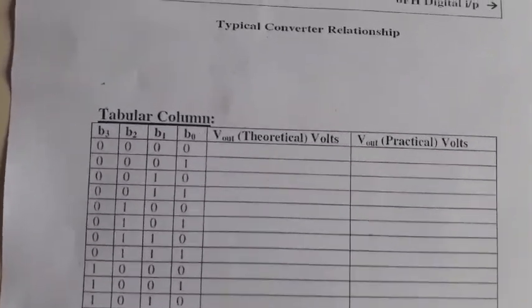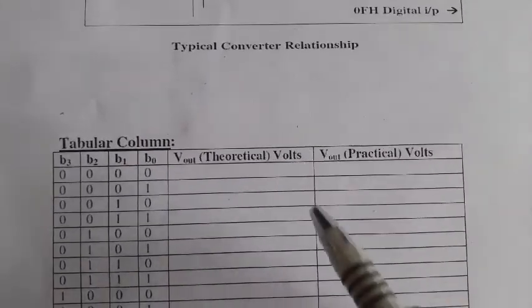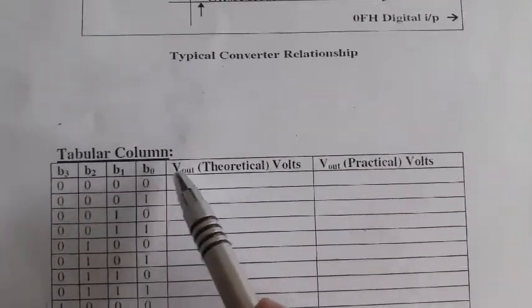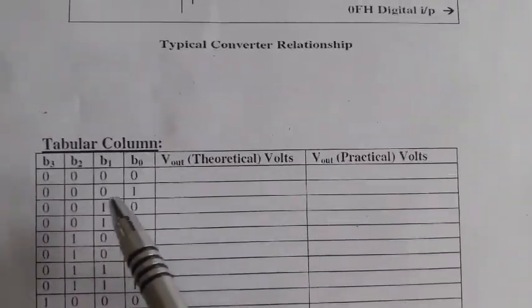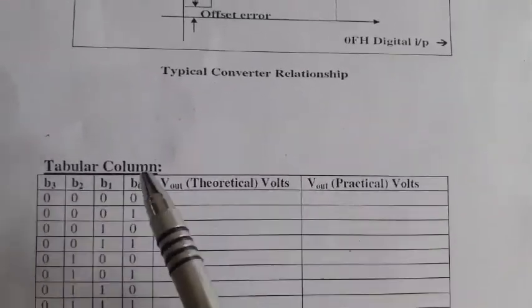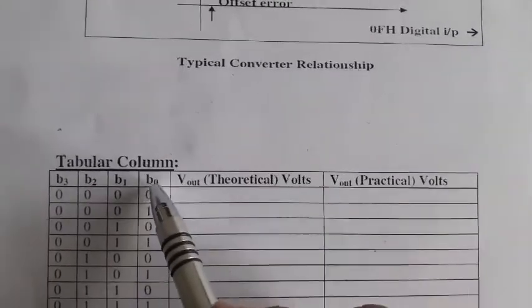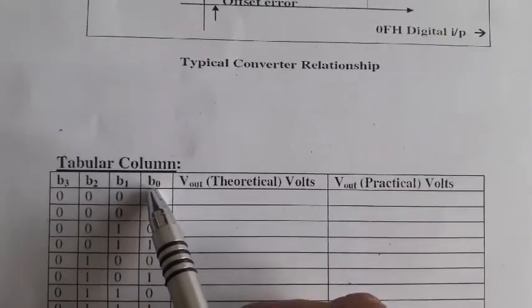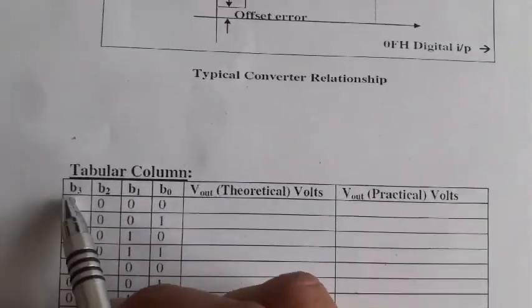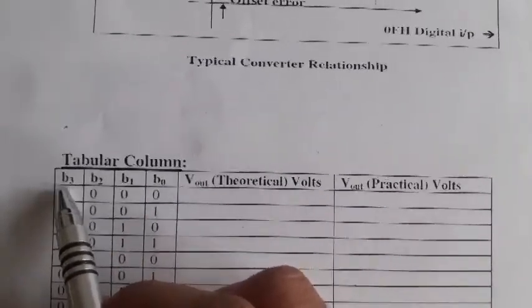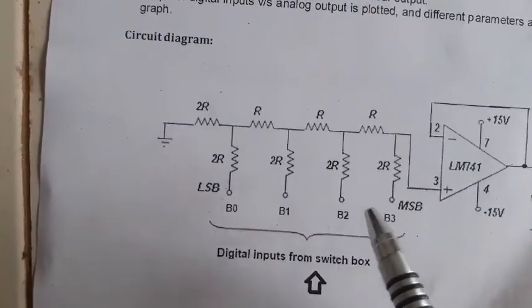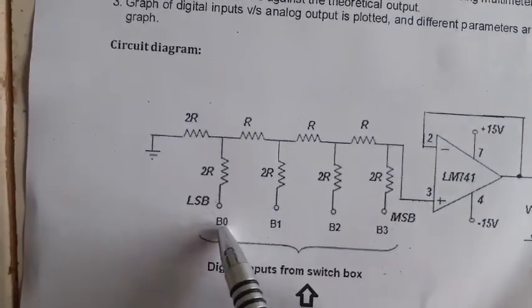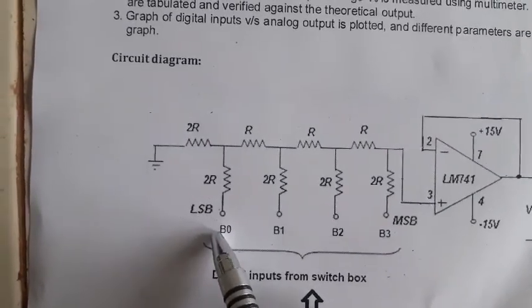Now this is the tabular column. In this tabular column, these are the digital inputs B3, B2, B1, B0. One important thing, B0 means LSB, least significant bit. B3 is most significant bit, MSB. In your diagram, LSB is here, B0 is here.